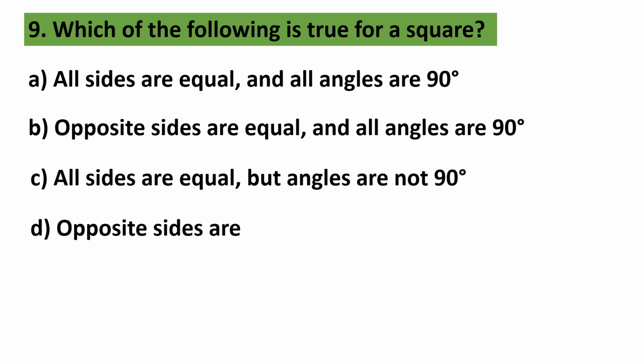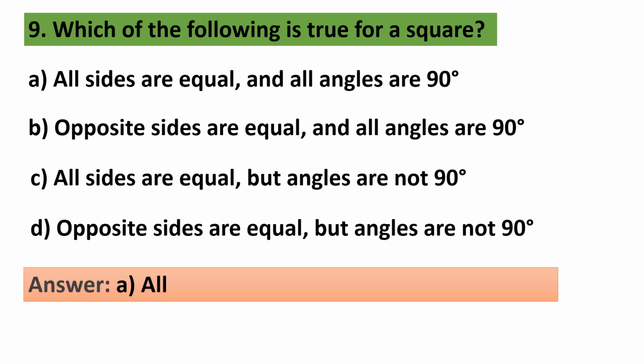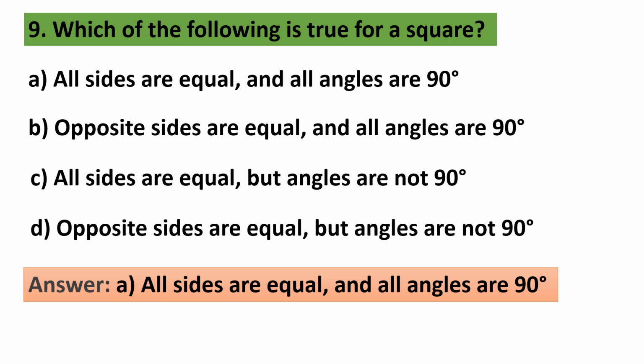And D. Opposite sides are equal but angles are not 90 degree. And the answer is: all sides are equal and all angles are 90 degree.